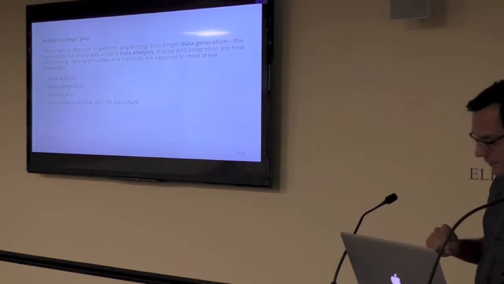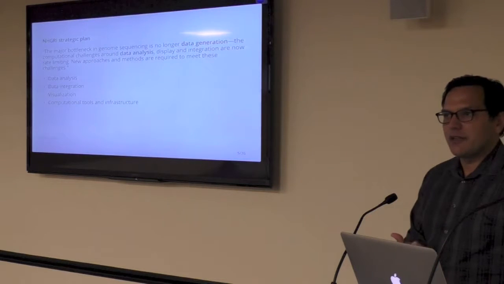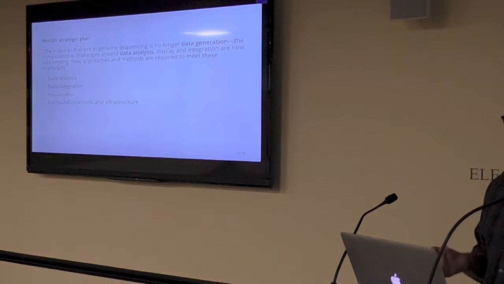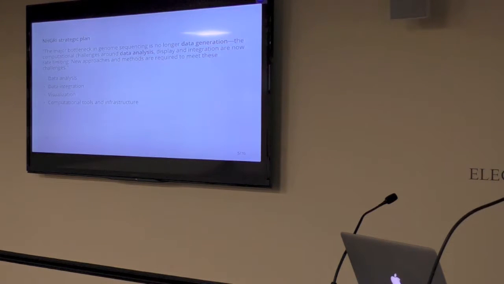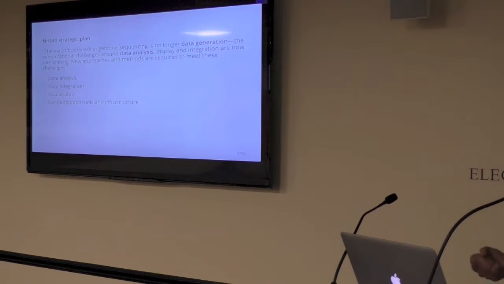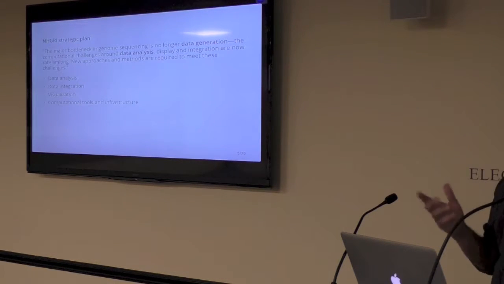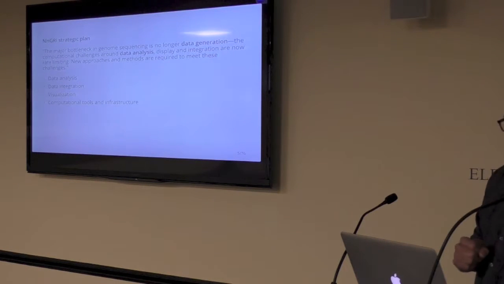So at the time, they wrote that the data generation problem in high-throughput biology we seem to have solved. Right? The biggest problem is in interpretation and analysis, display and integration. And they mentioned these areas that can address these challenges in terms of data analysis, integration, visualization, and computational tools and infrastructure that can get us towards interpretation and discovery rather than just data generation.